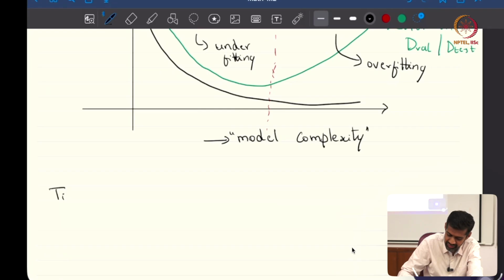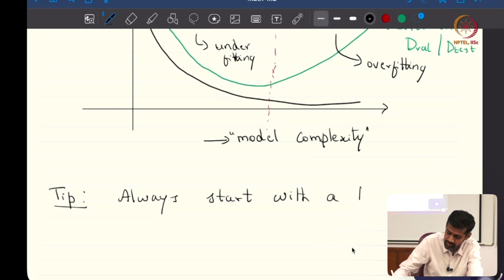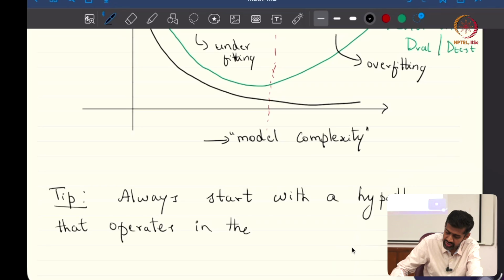So, tip: always start with a hypothesis that operates in the low bias and high variance region.